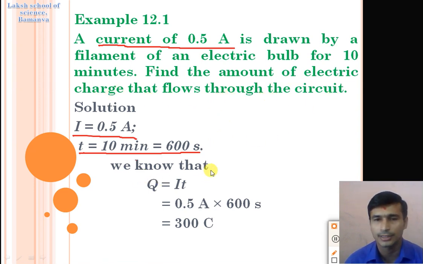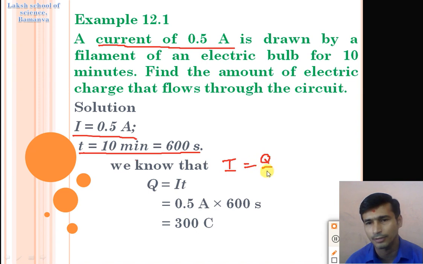We know the formula of electric current, I is equal to Q divided by T. Electric current is the amount of electric charge per unit time. From this formula, the electric charge Q is equal to I into T, electric current into time.